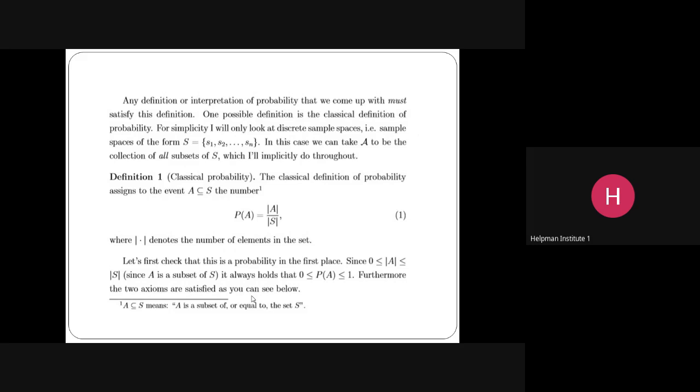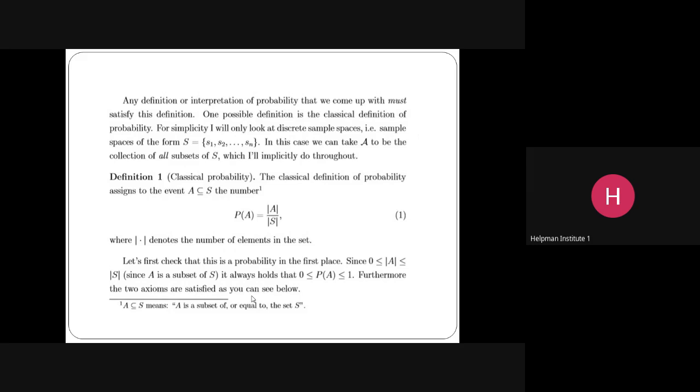Since A is a subset of S, A will lie between 0 and S. There is no way A will be less than 0, and no way A will be more than S. So it always holds that the probability of A lies between 0 and 1.